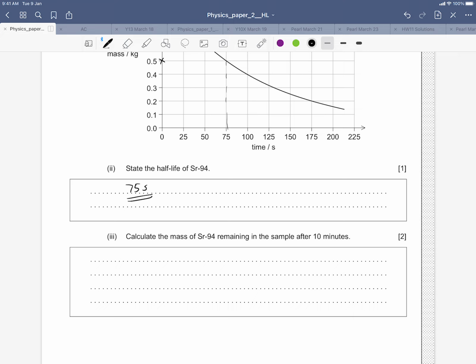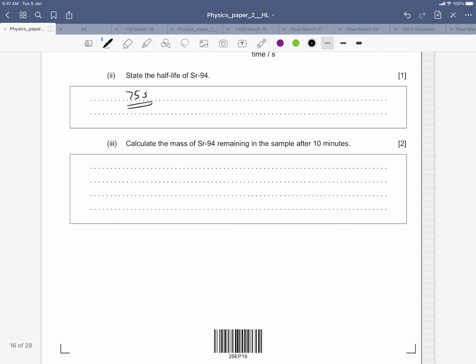So you could go ahead and use the exponential decay law if you want to. You have to maybe work out the decay constant first. So let me just remind you that you can, of course, use the radioactive decay law, but we can also rewrite that in this way.